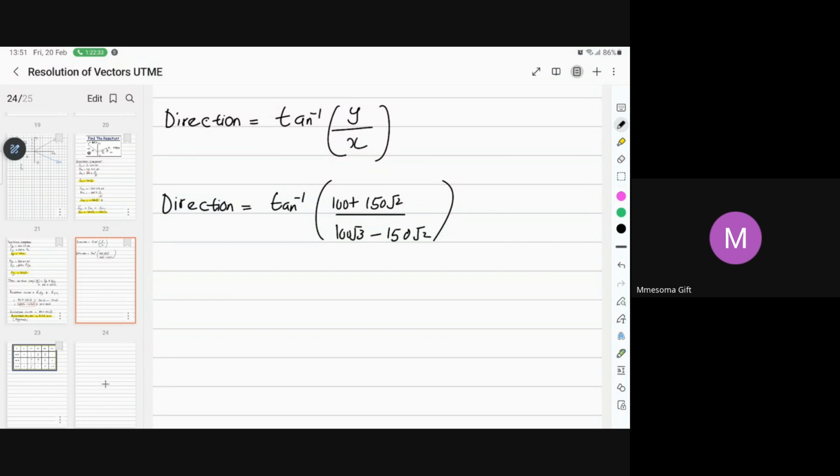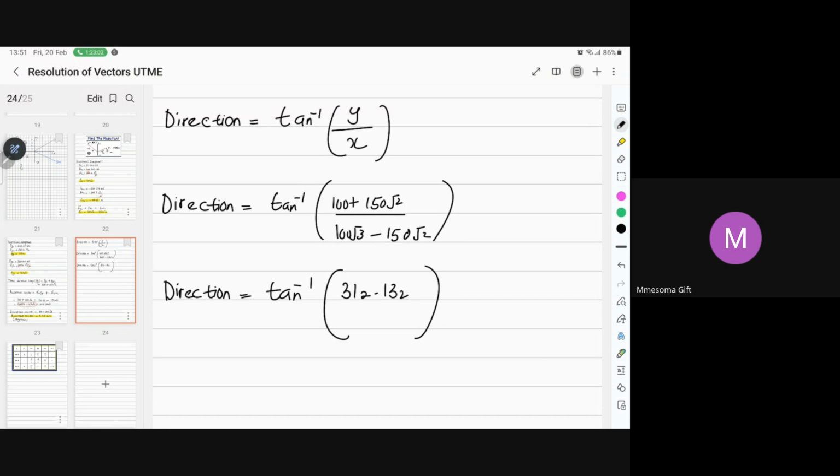But then let's simplify those variables so that it becomes easier for us. So let's do it. Break it down, please. So direction is equal to tan inverse, open bracket. Let's break those values down. So 100 plus 150 root 2 will give us 312.132.